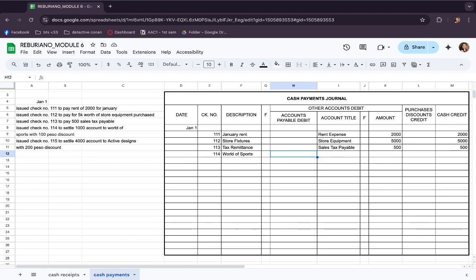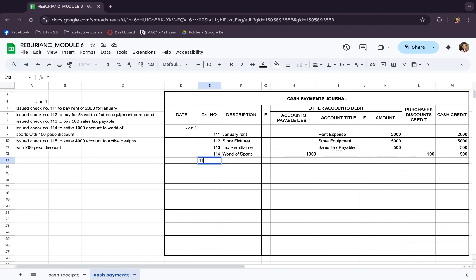Kasi sabi, settle account. So, we will put the amount, which is 1,000. Next, it is mentioned na mayroon tayong discount of 100 pesos. So, we will put 100 sa purchase discount credit. So, para mag-balance siya, 1,000 minus 100, cash credit is 900, kasi may discount tayo ng 100.